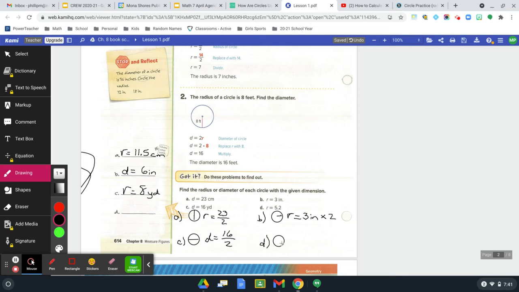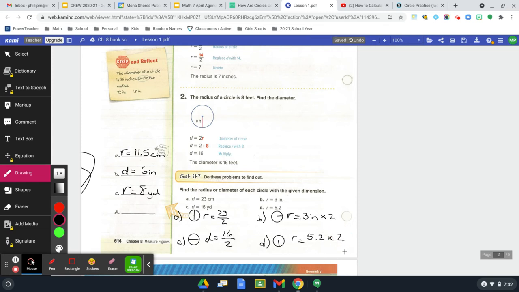Okay, letter D. The radius is 5.2. So I'll try the radius a little differently this time. If that radius is 5.2, half of it, you need the diameter all the way across the circle. Double it, multiply it by 2.